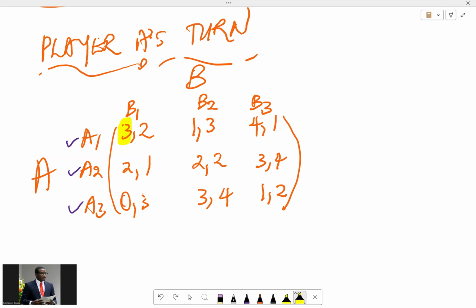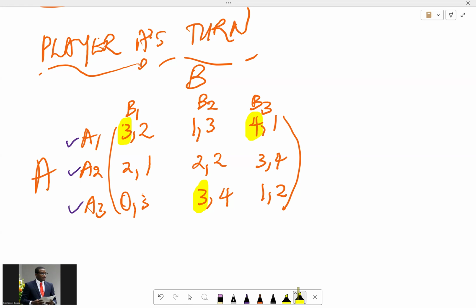Then what if player B chooses strategy B2? Here the highest is 3. The highest payoff anywhere for strategy B2 is for A3. Then we can go to B3. If you go to B3, which of the payoffs is the highest? The highest payoff is actually 4.